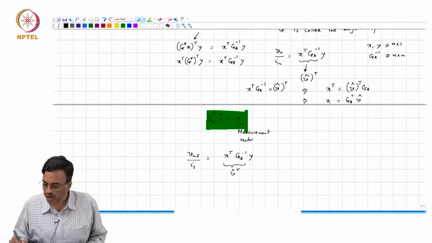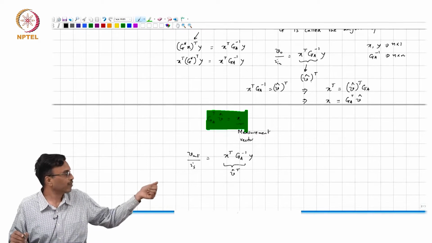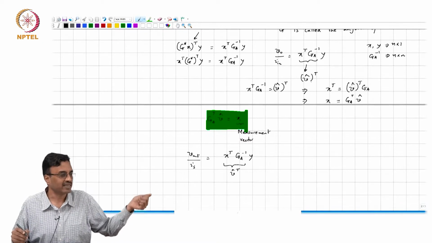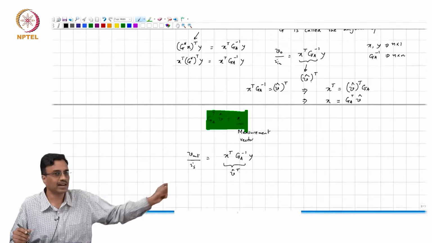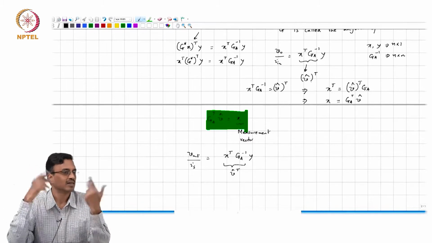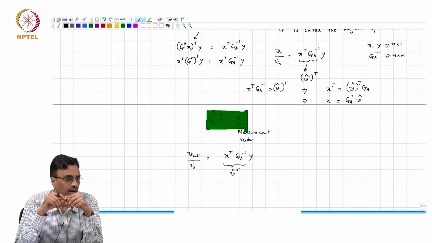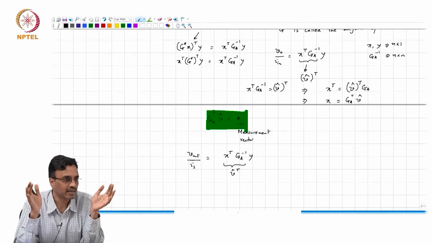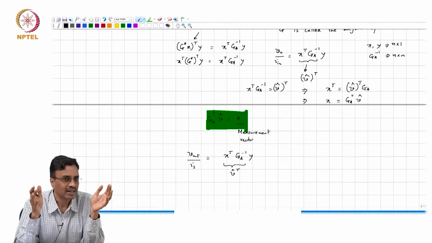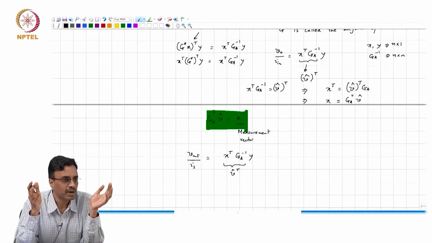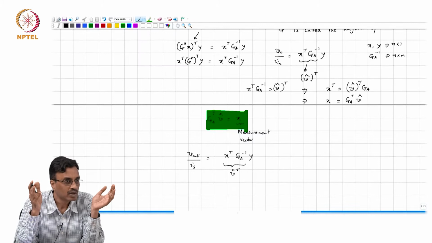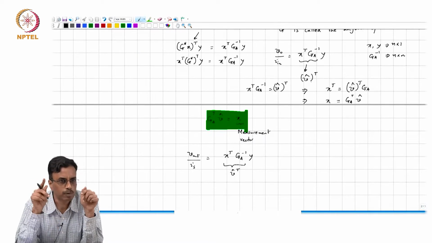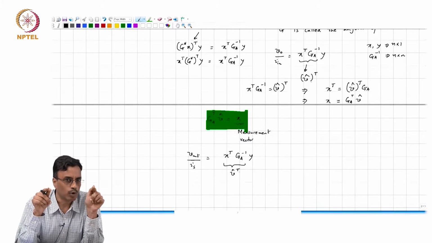Once we have V hat transpose, finding the various transfer functions from multiple inputs is simply a matter of multiplying V hat transpose with whatever input you want, correct? So that row vector V hat transpose contains information about all the transfer functions from all the inputs to a given output.